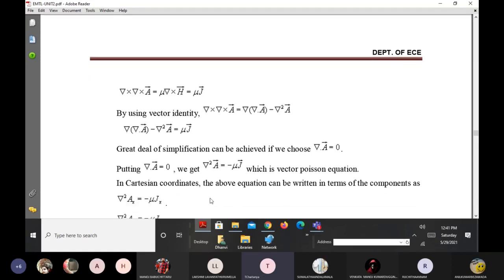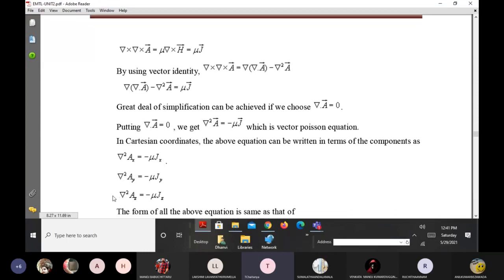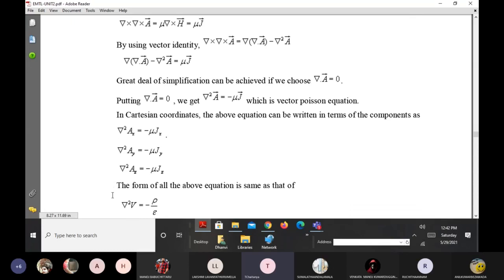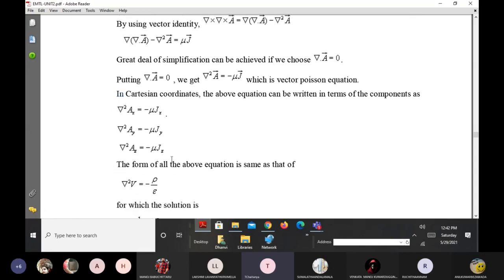Del square A bar equal to minus mu into J. So from this we can represent A bar, not only along the x direction, it is in all directions. Del square Ax equal to minus mu into Jx, del square Ay equal to minus mu into Jy, del square Az equal to minus mu into Jz. So this is the magnetic vector potential concept.